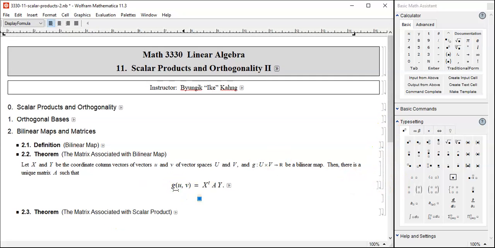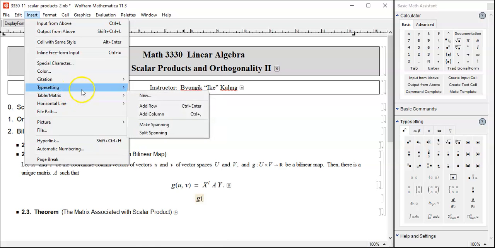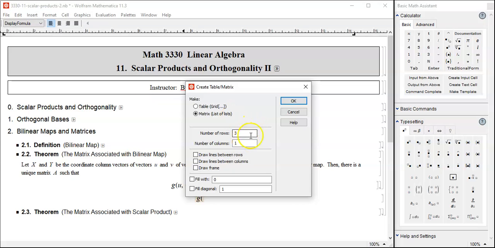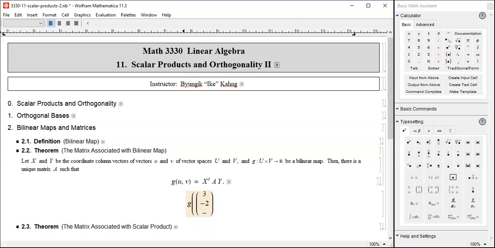For example, you may have some map like this. Let's see. Okay, 3, -2, -4. Okay, all right, that's as good as any.